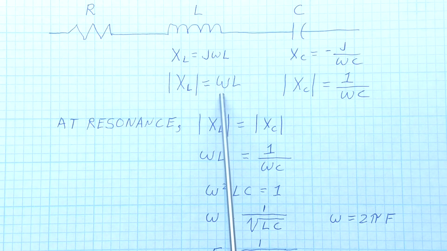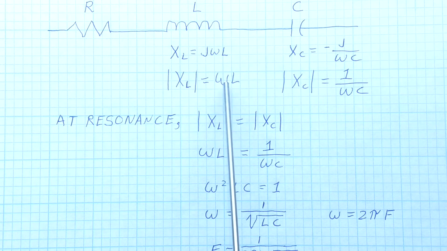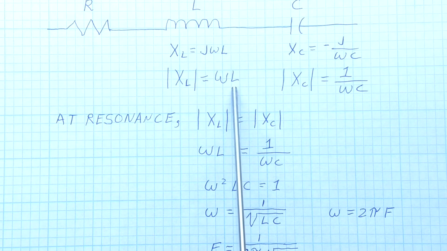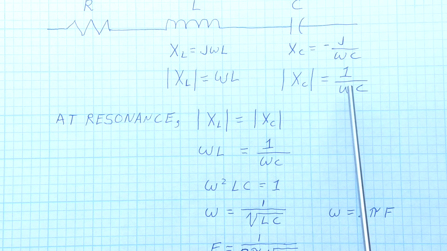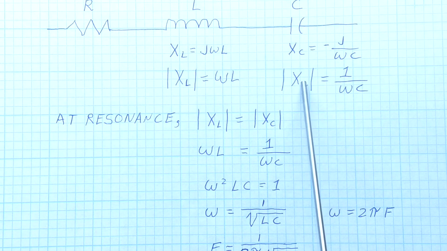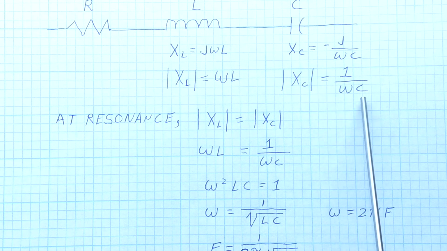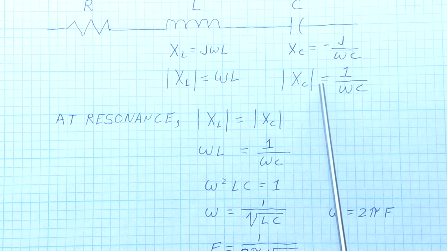Remember, omega is 2 pi f. And it would also increase if we increase inductance. Now, capacitive reactance works the opposite way. If the frequency goes up, the reactance goes down. If we increase capacitance, the reactance goes down.